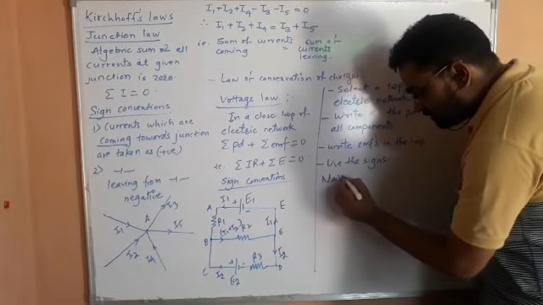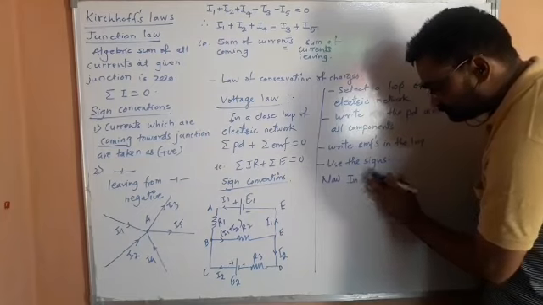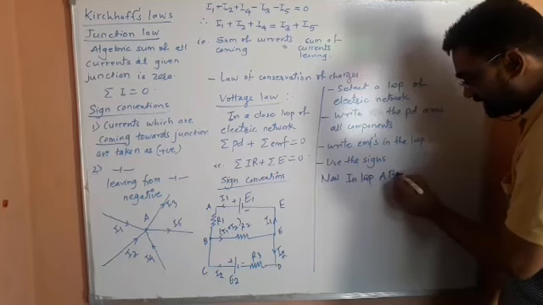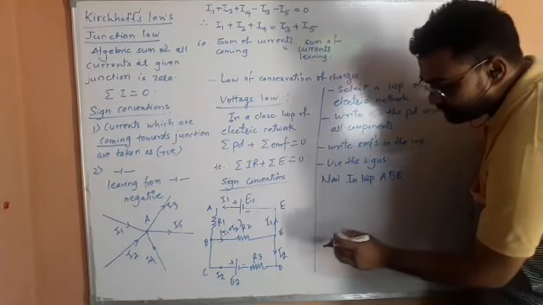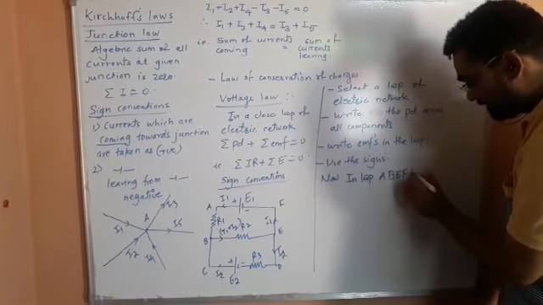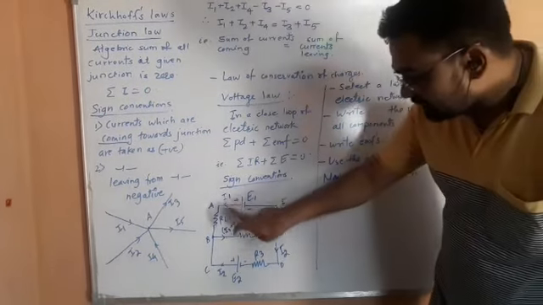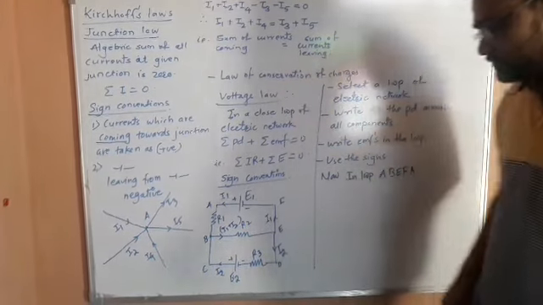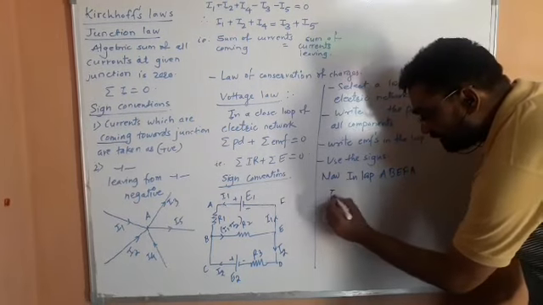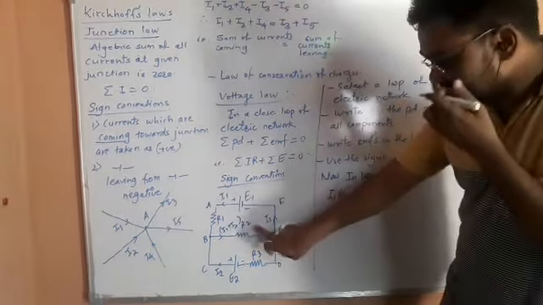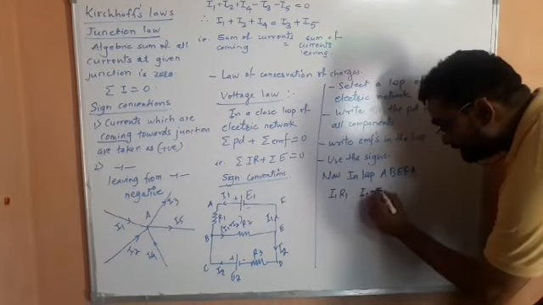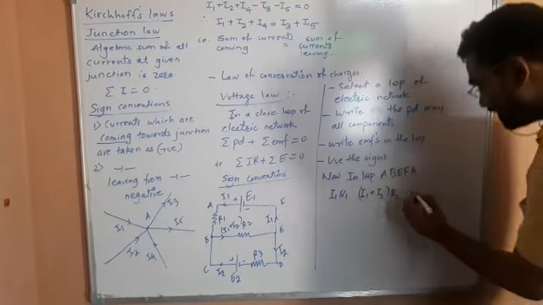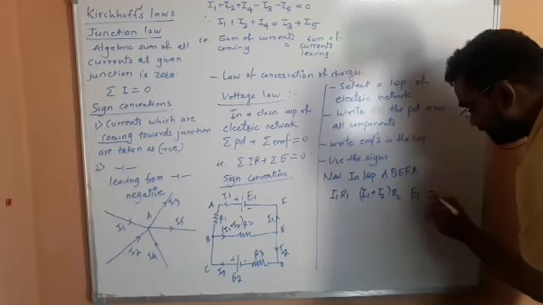Now in the loop A, B, E, F, A, you can see I1 through R1, I1 plus I2 through R2, and E1. So I1 R1 is the first potential difference, then I1 plus I2 into R2 is the second potential difference, and E1 is the EMF.